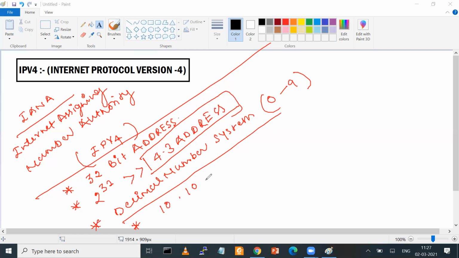IPv4 address looks like this. 10 10 10 10 मैंने ऐसे लिख दिया. So this is an example of an IPv4 address. This first 10 we call the first octet number. This 10 we call the first octet number. Octet number means what?